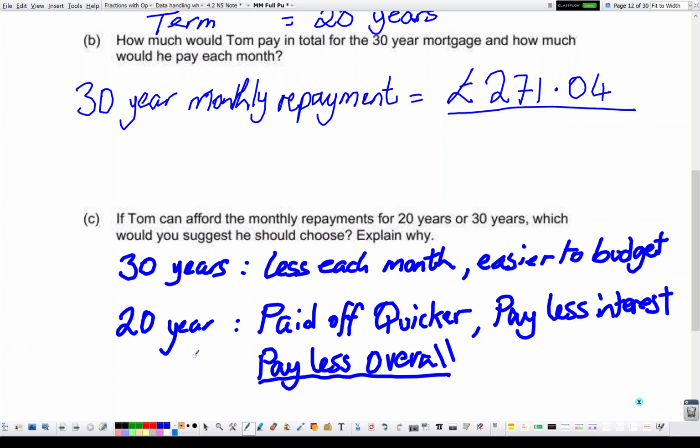You do get given the option, but with any debt, not just a mortgage, because obviously you won't be thinking about that just now, but maybe if you are soon to be getting a credit card or something like that, it is always better to pay it off quicker if you can afford it. That's the main thing I want you to take away from that. It's always better to pay your debt off quicker if you can afford it, because you pay less interest overall.